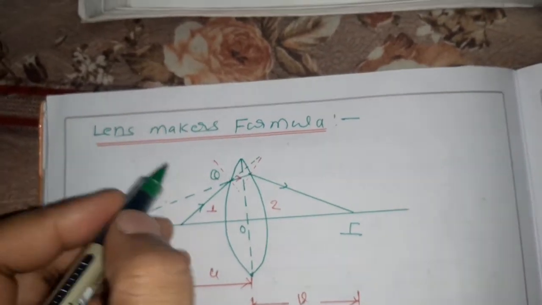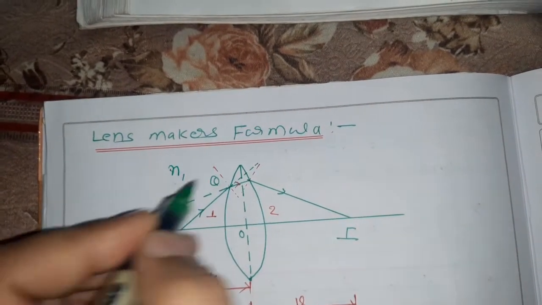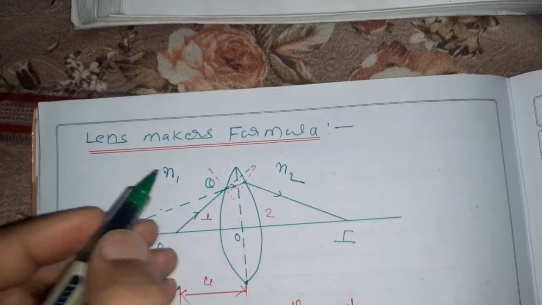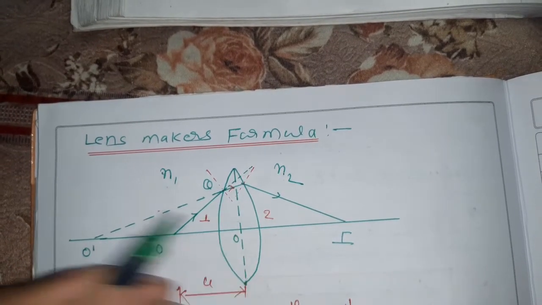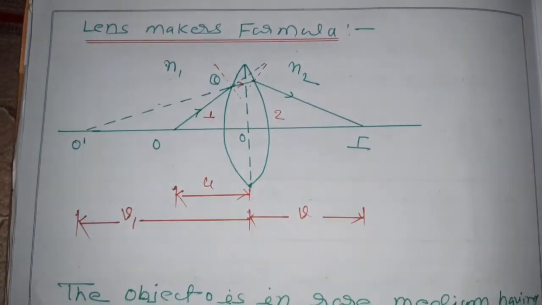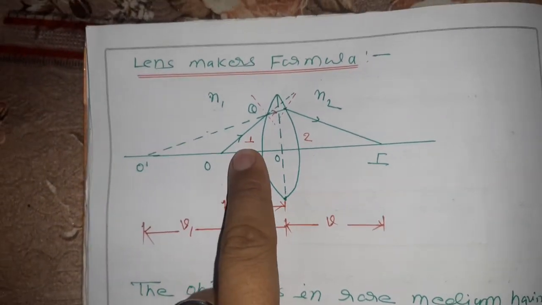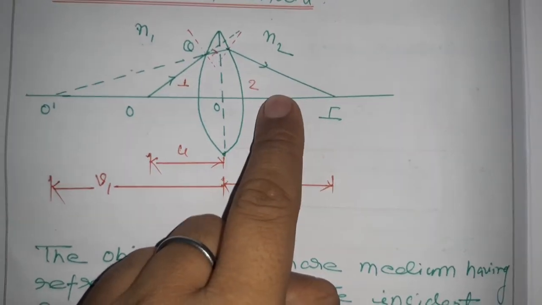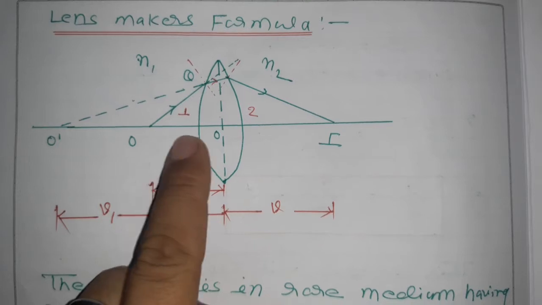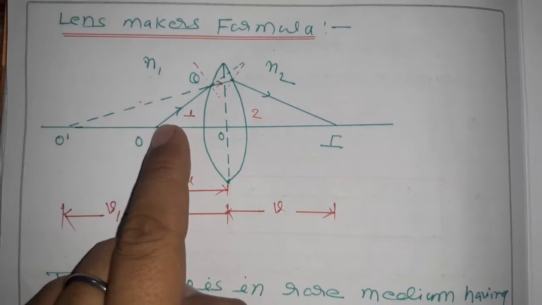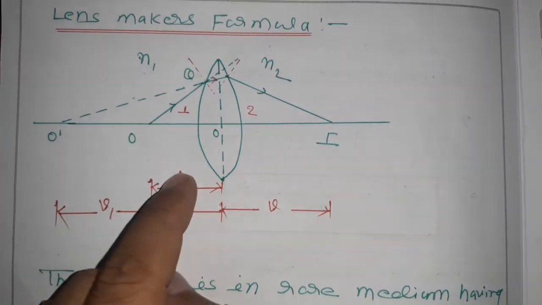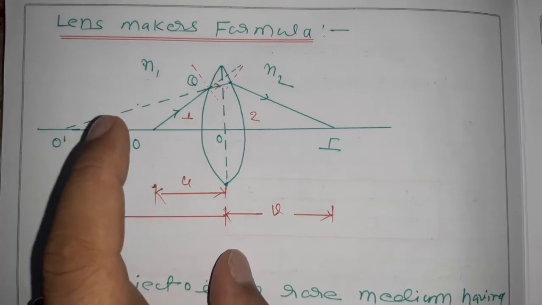This is your medium 1 and this is another medium 2. First refracting surface and another refracting surface. This will be your point object at a distance of u from the optical center.